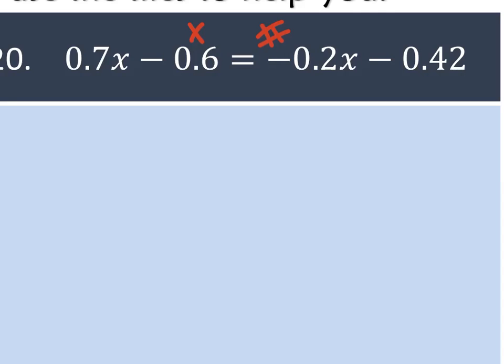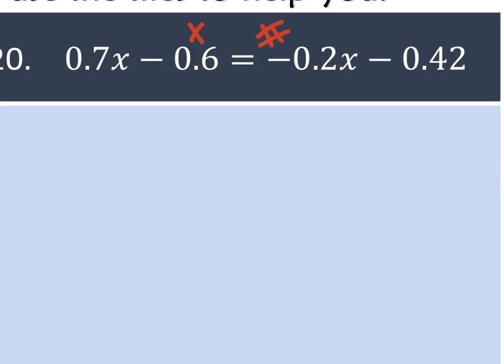You don't have to though. If you'd prefer to put the x's on the right, which later on, I don't know, it's not really important, but you can. And it may become more convenient, but for now, it doesn't matter. Okay. So I'm going to keep the x's on the left and the numbers on the right. We may do an example where we switch it though here in a second.